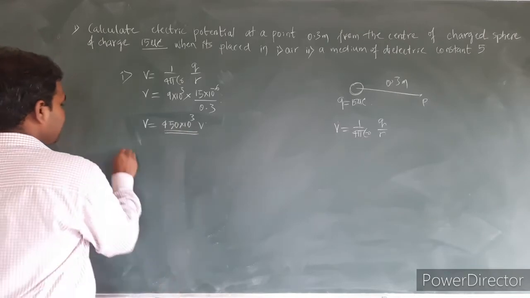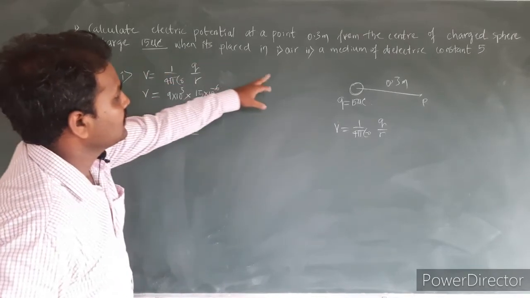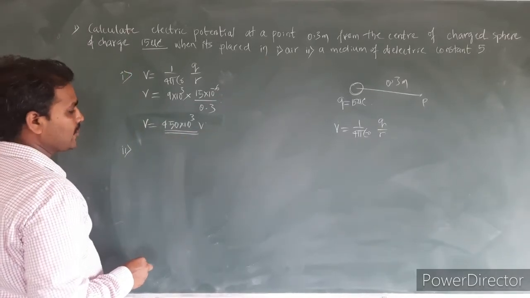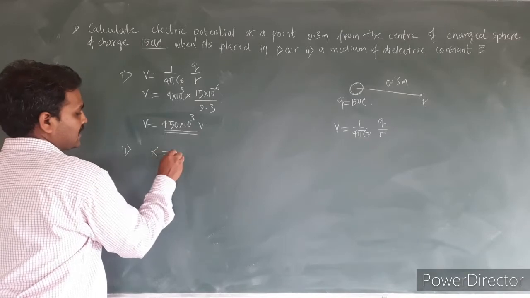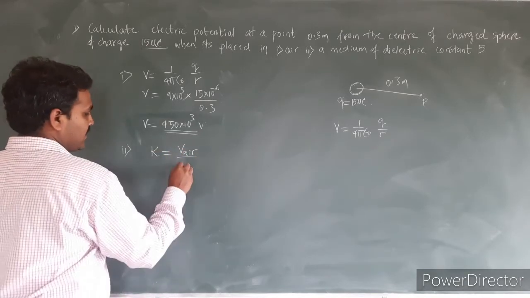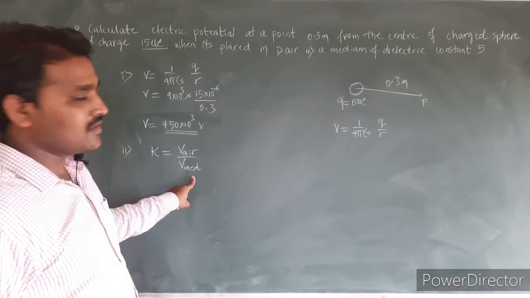In the second case, the charge is placed in some other medium of dielectric constant 5. The dielectric constant is the potential of the charge when it is in air divided by the potential of the same charge when it is placed in the given medium.